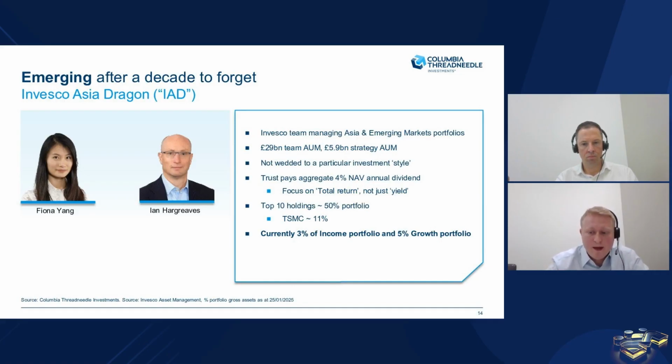So there's a high level of income, but we want to focus on total return. And the alternatives that we've been adding aren't the highest yielding alternatives we could add. There is a balance of both capital and income, where we get a decent level of income, but we're really able to generate total returns from the trusts.